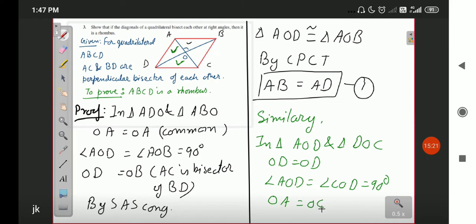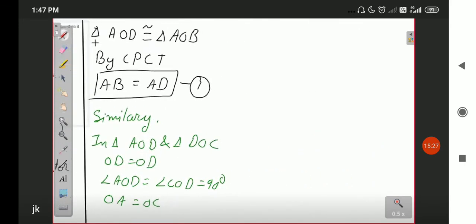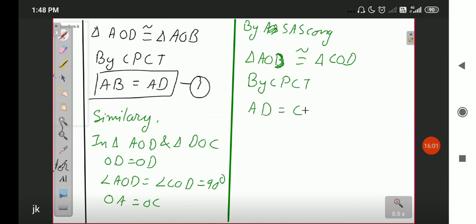So once again, by the SAS congruency rule, triangle AOD will be congruent to triangle COD. Okay, and by CPCT once again, corresponding parts of congruent triangles, length AD and CD are equal.